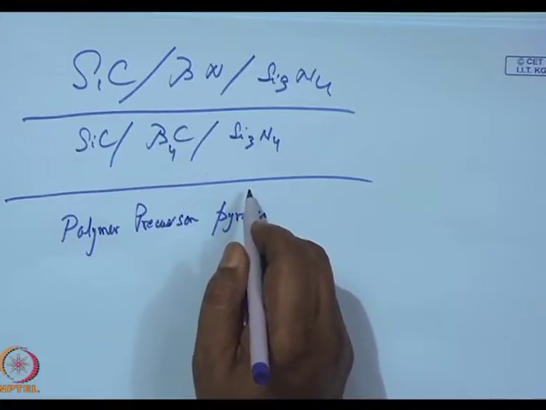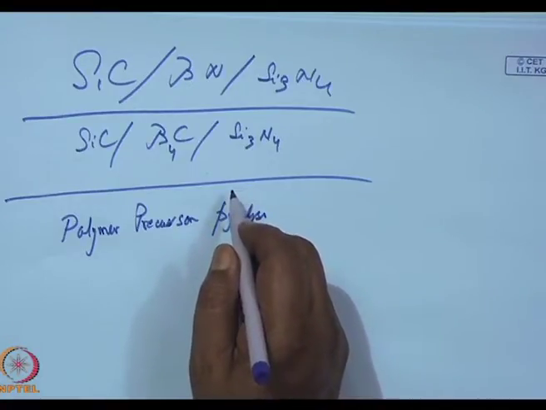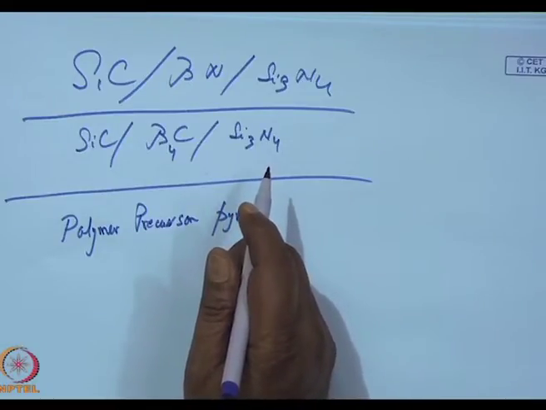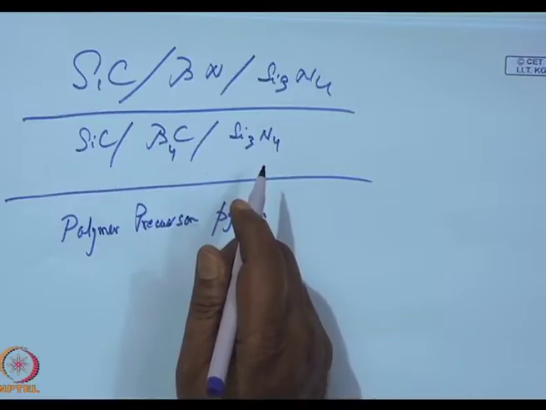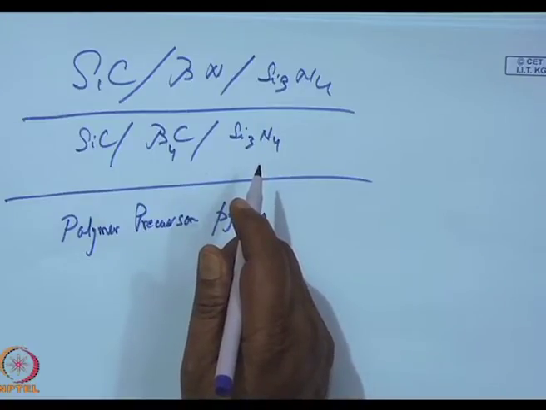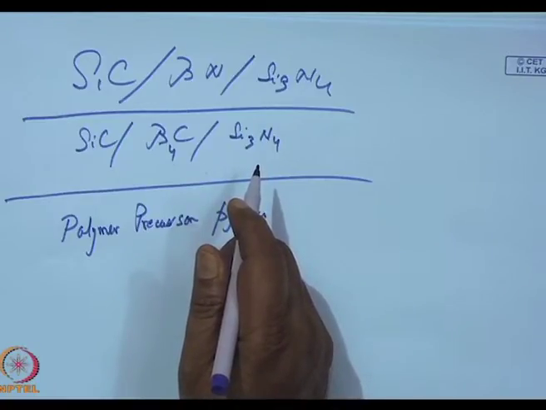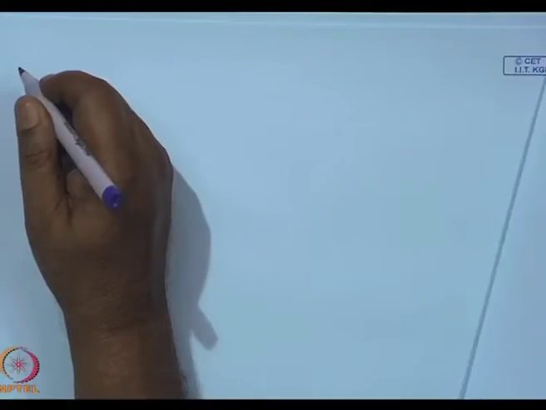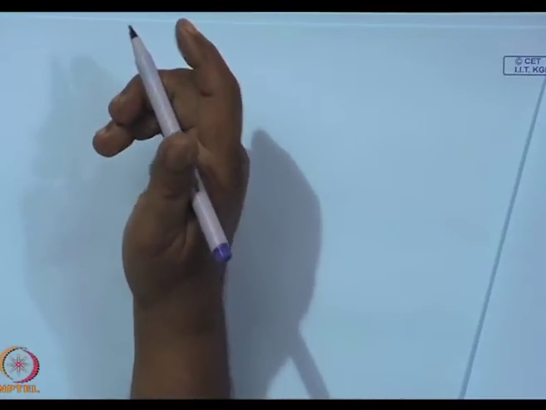To take an example of polymer precursor pyrolysis, what we can do is, for example, we can take the case of, say, I have to explain how I cross-link.